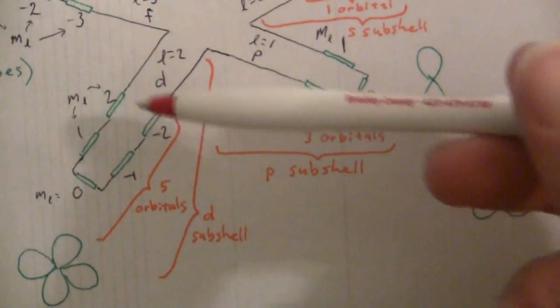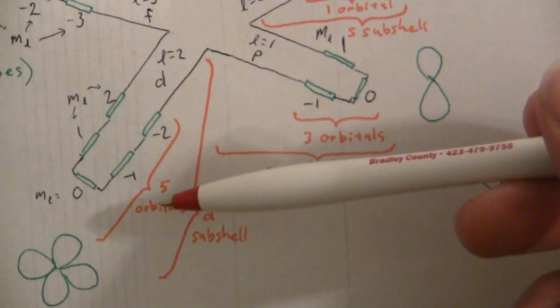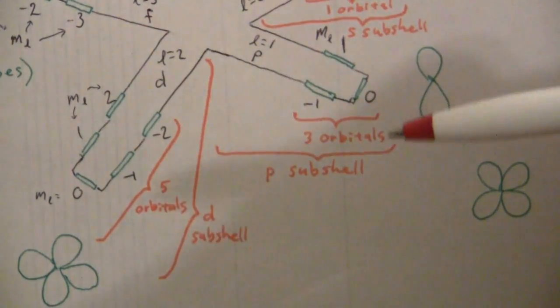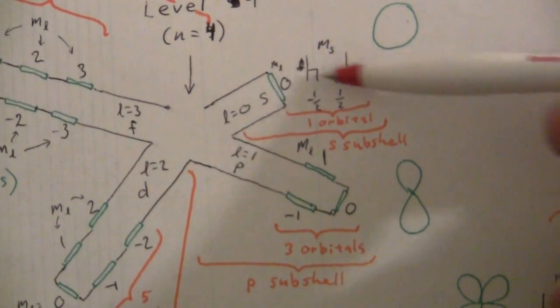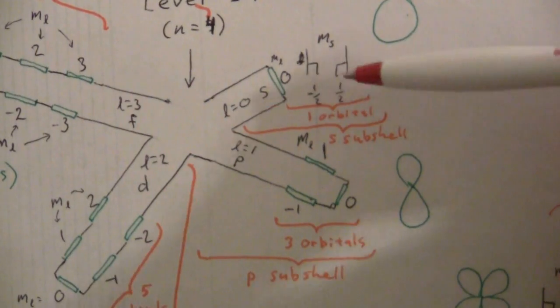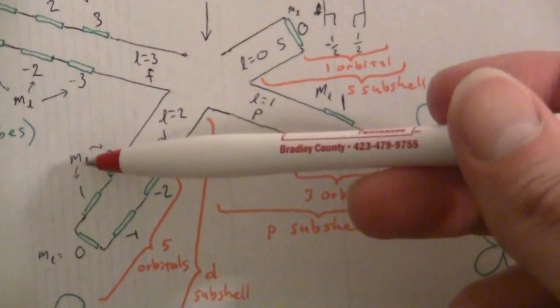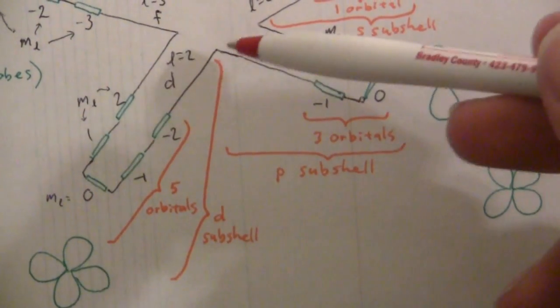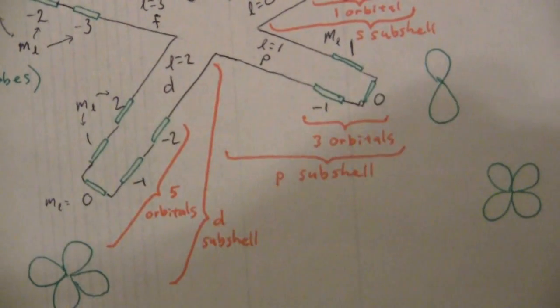Okay, so we have 2 sets of doors on either side of the hallway, total of 5 orbitals, and each orbital contains, like I've drawn up here, 2 electrons, m sub s, -1/2, positive 1/2. That's the case for each room. All right, so this is the D subshell with its 5 orbitals.